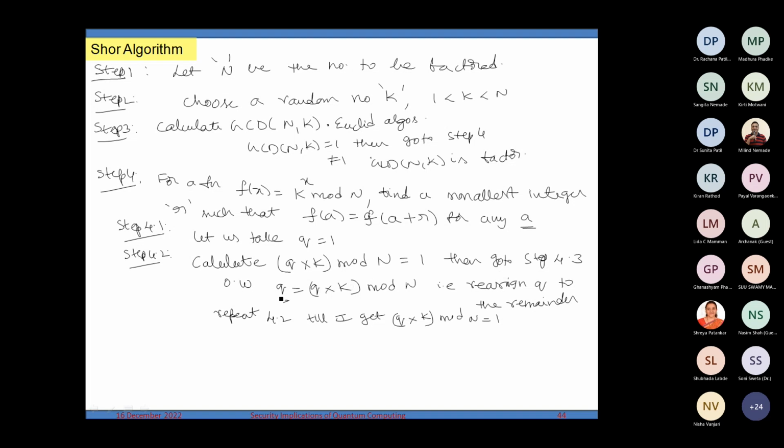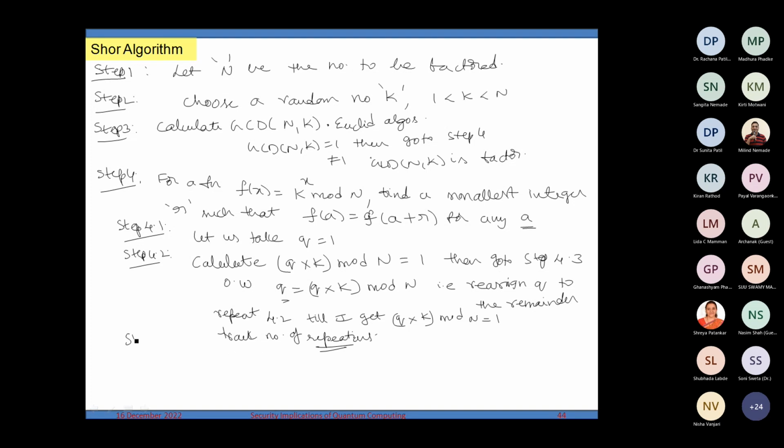Otherwise, I make q equal to q into k mod n. That's what I'm doing. And remember how many repetitions I am making; track the number of repetitions.